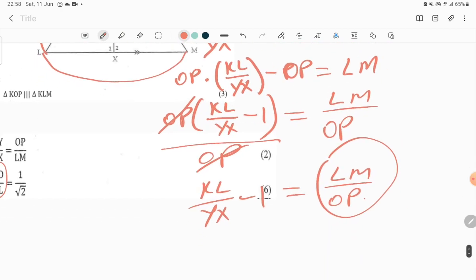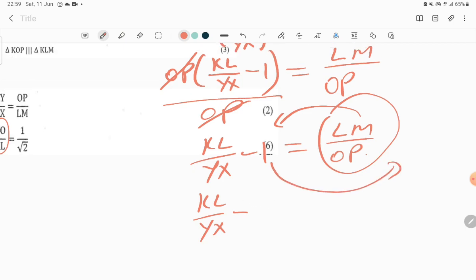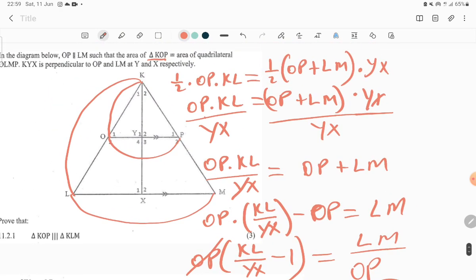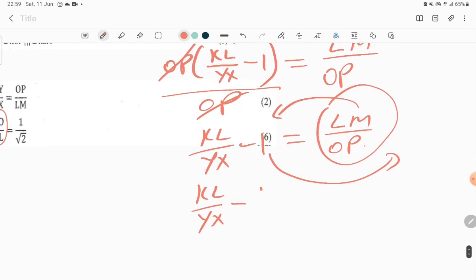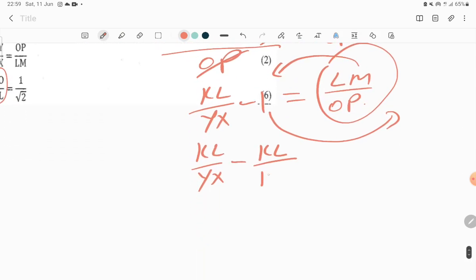Good. Now, in place of this, we have KL over YX. Then we can take this one to this side and this one to the other side, which means KL divided by KO is equal to 1.